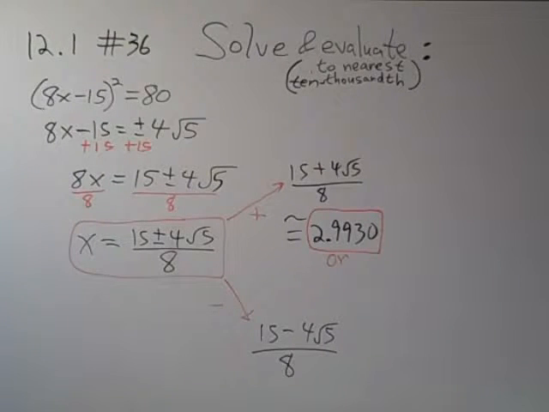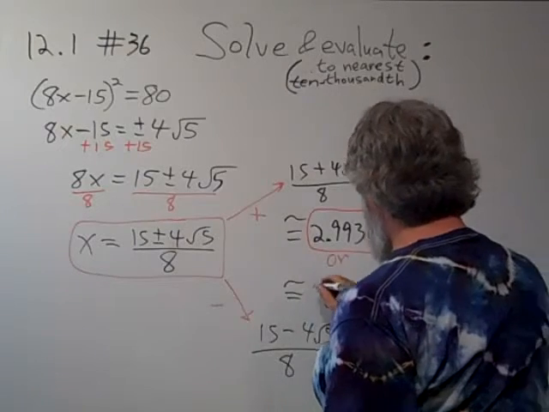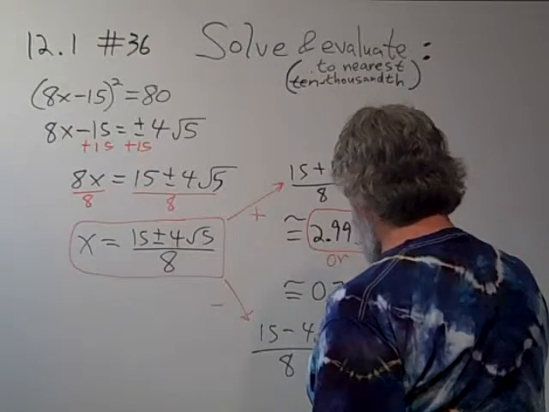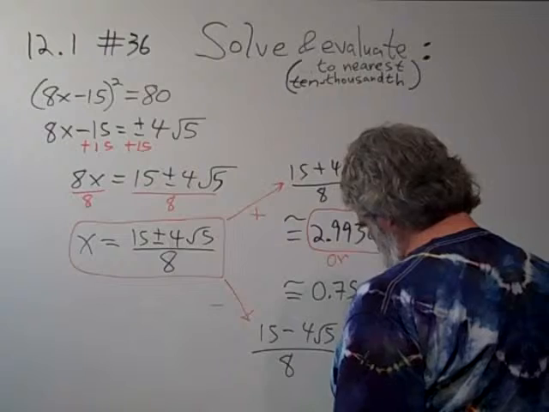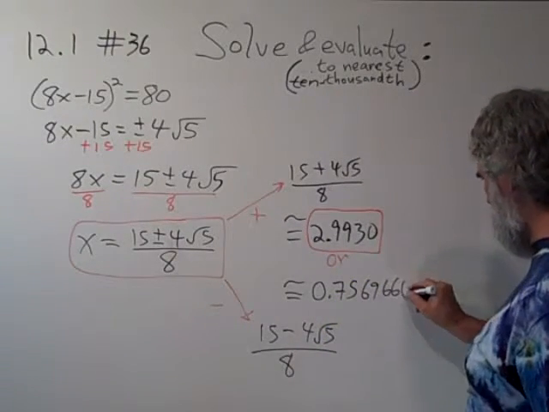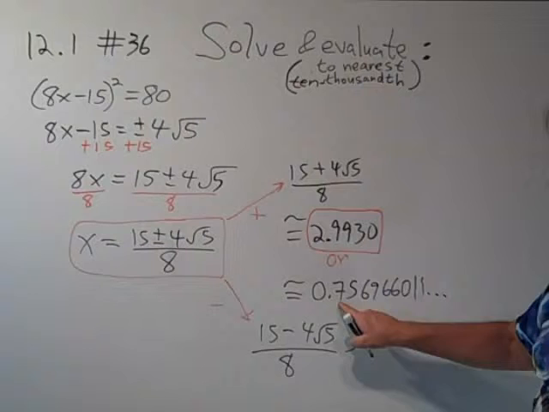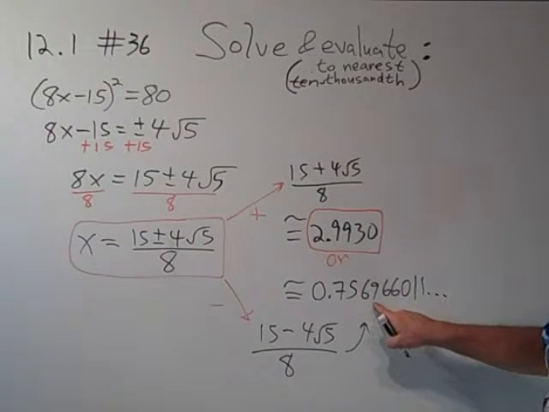Then divide by 8. And we get this one approximately 0.756966011. And it keeps on going forever.